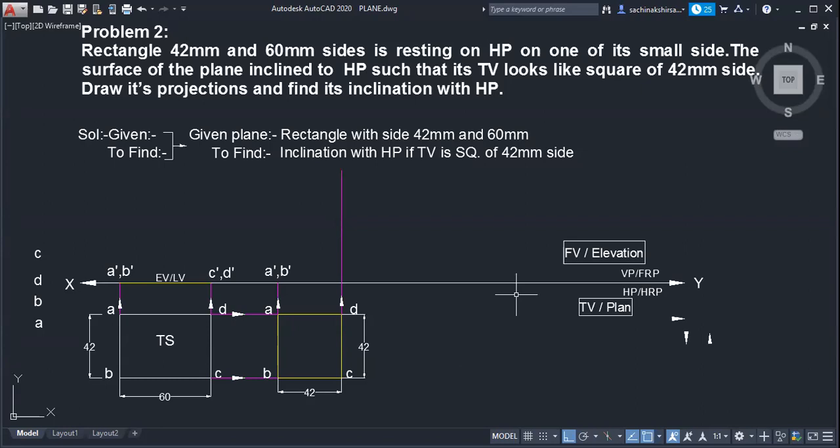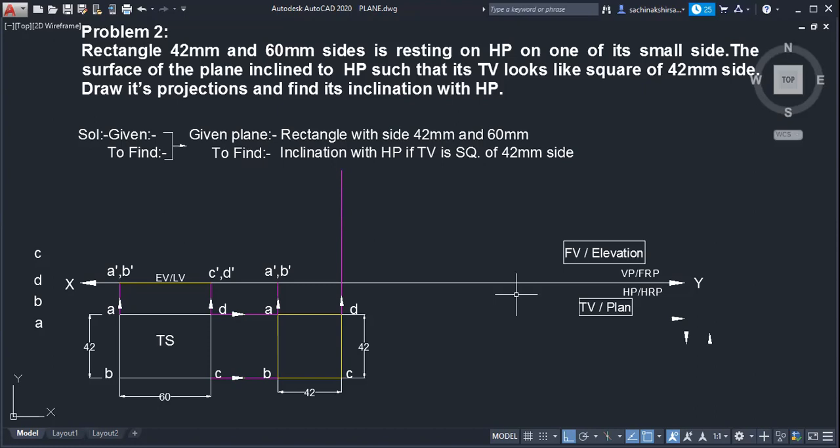In all the views, the A dash B dash edge or side should remain on the XY line only, because that plane is lying on its small side, as mentioned. Okay, up to this.